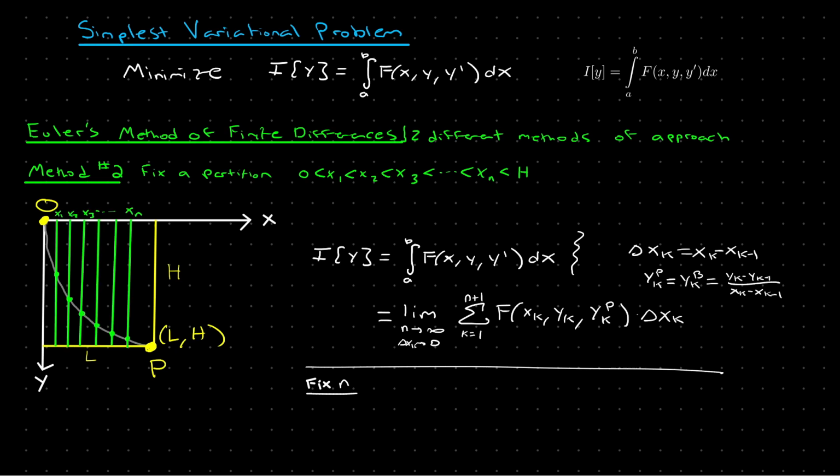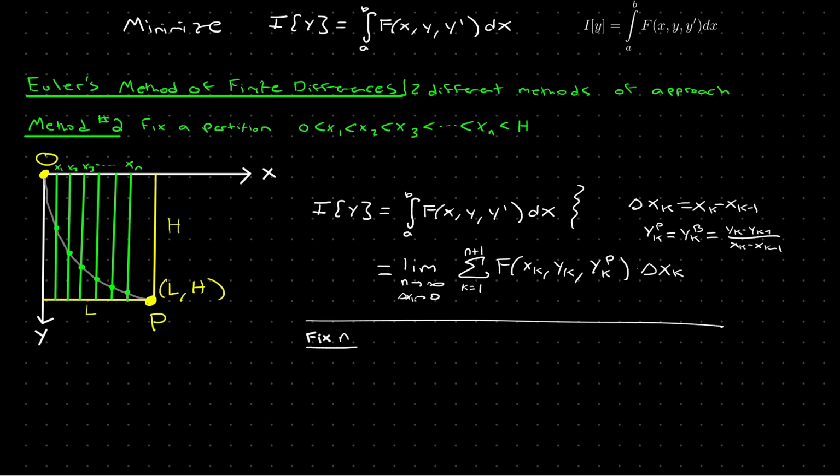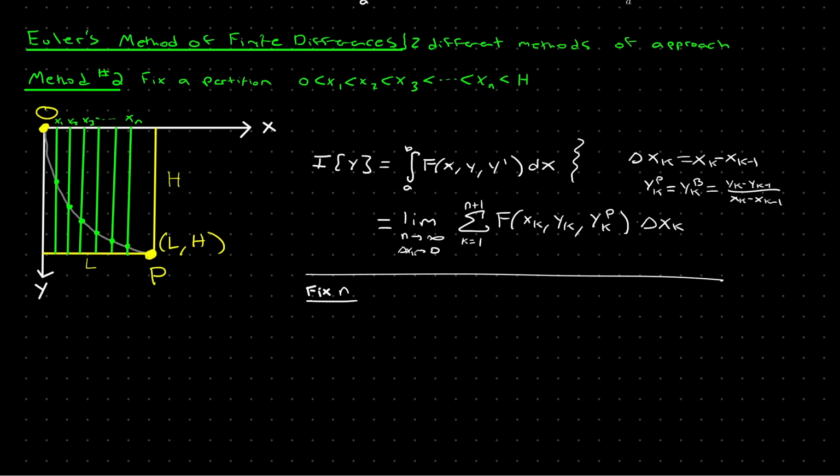And just like in method 1, if we consider not actually taking this limit, but fixing a value of n such that we only have a finite number of points, this is going to be an approximation. So this summation is an approximation of the integral of this function.